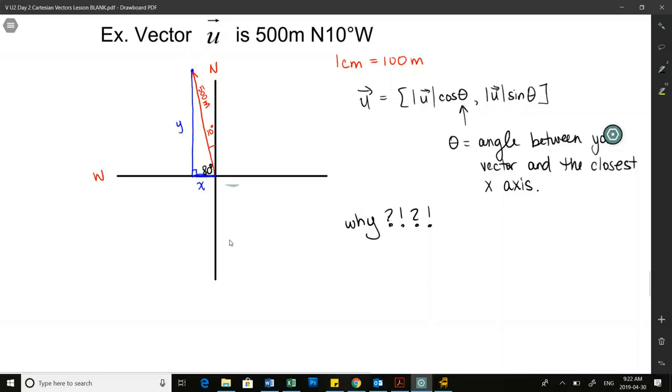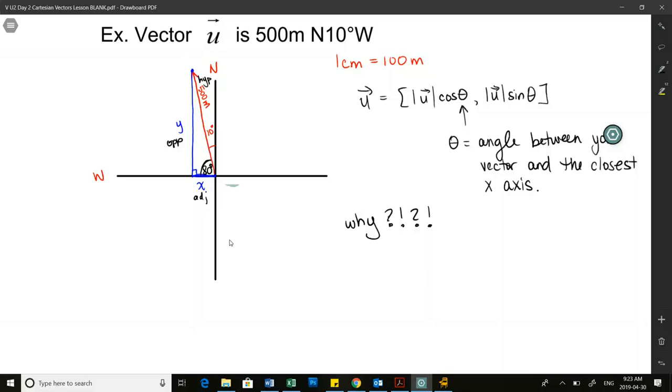But why? If we think about the 80 degrees as our reference angle here, I know x is adjacent, y is opposite, and our 500 is hypotenuse. And that vector will always be our hypotenuse, right? Because we're separating it out into its x and y components. So if I want to find x, I need adjacent, but I have hypotenuse.